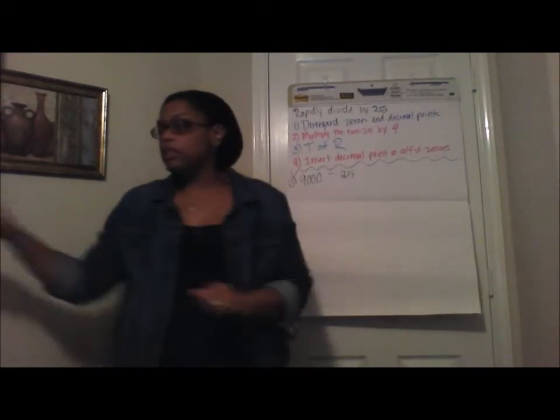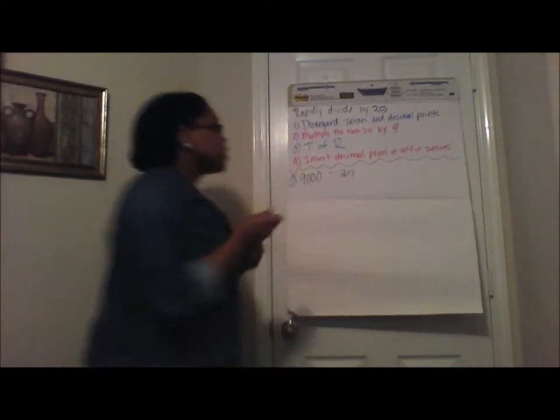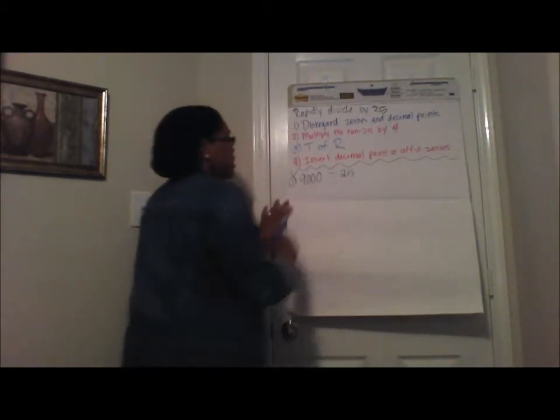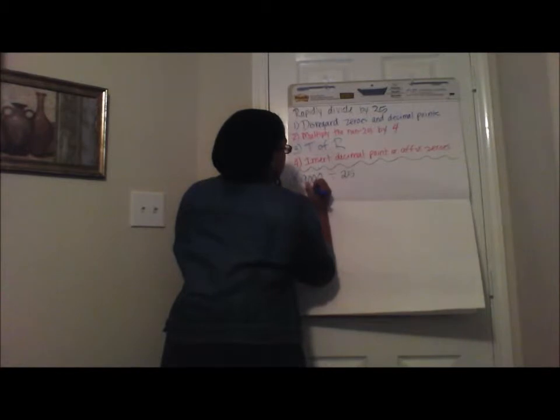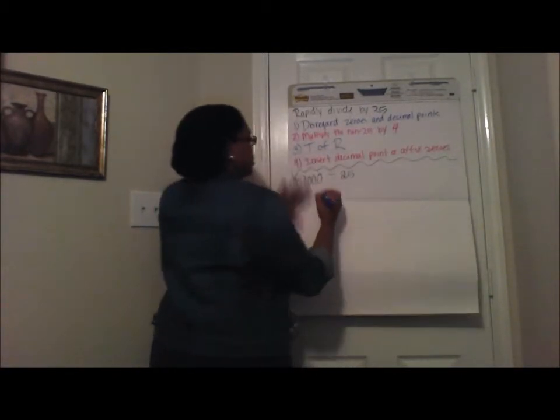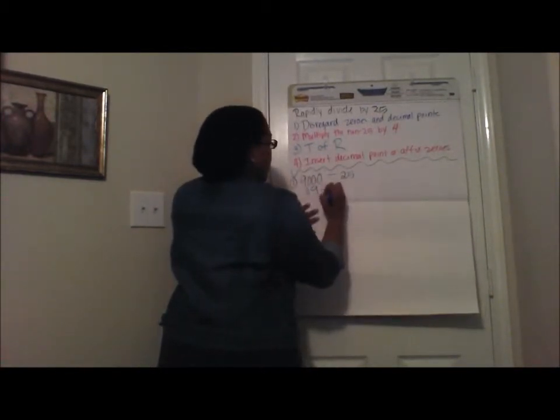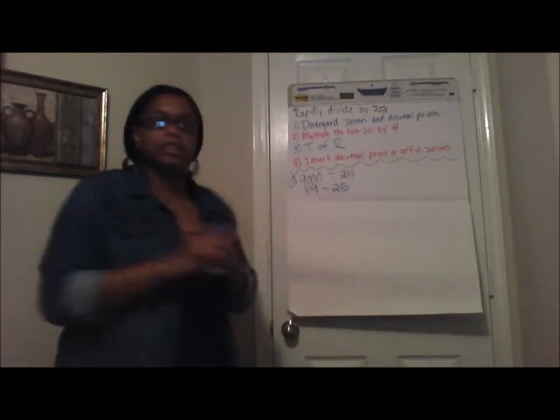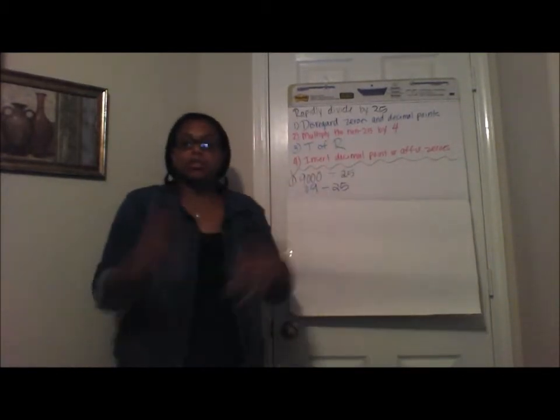Step 1 tells us to disregard zeros and decimal points. So I'm going to do 9 divided by 25. We're just writing it like that because we're disregarding the zeros and decimal points.